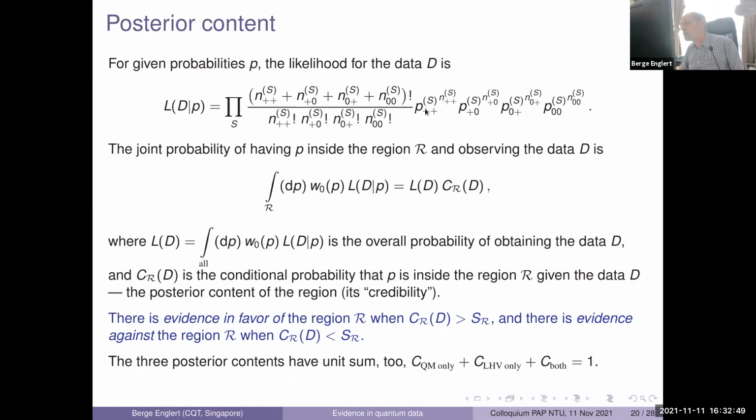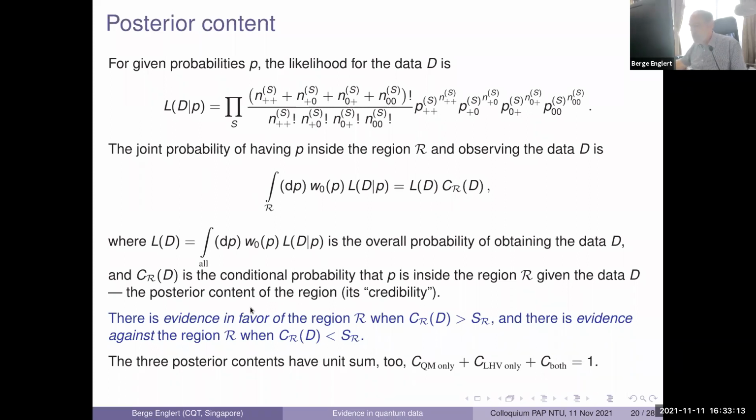But anyways, it's a product of probabilities mainly. And for every observed event, you get a factor with the probability for that event. Now, these probabilities depend on the parameters, so the parameters in the quantum description or the parameters in the local hidden variable description. And so those parameters trace out those regions.